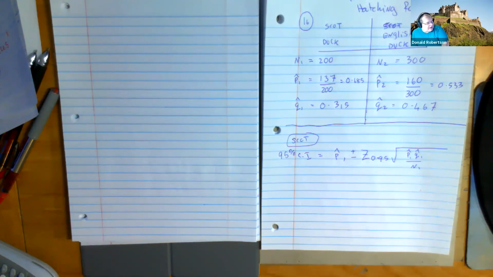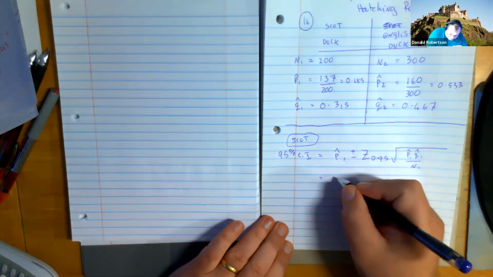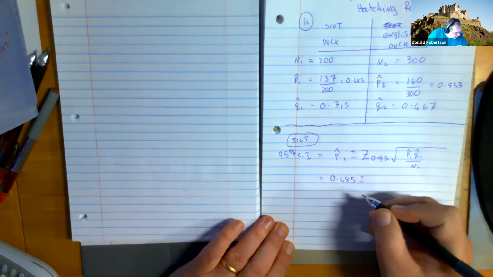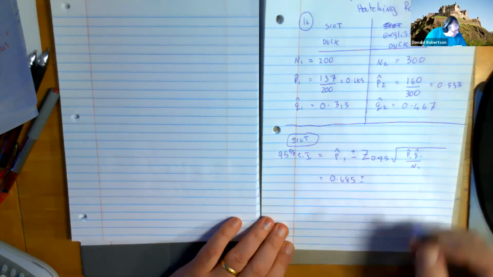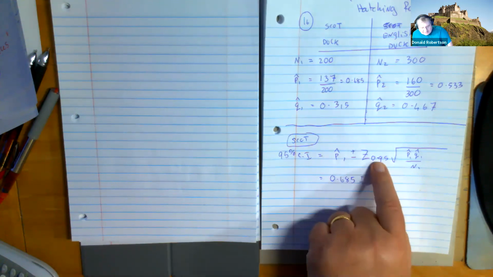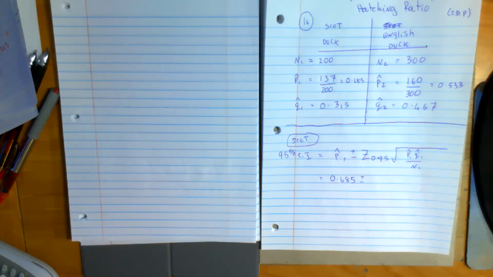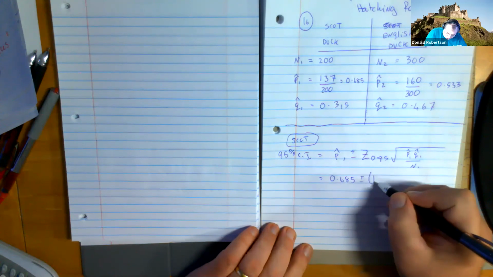Do you see that's like half the formula that we used when it was a difference? Great. Now what does that look like? 0.685, give or take. Oh, let's test you. Anybody know what the magic Z score for 95% is? Anybody remember? 1.96. Thank you. Correct.